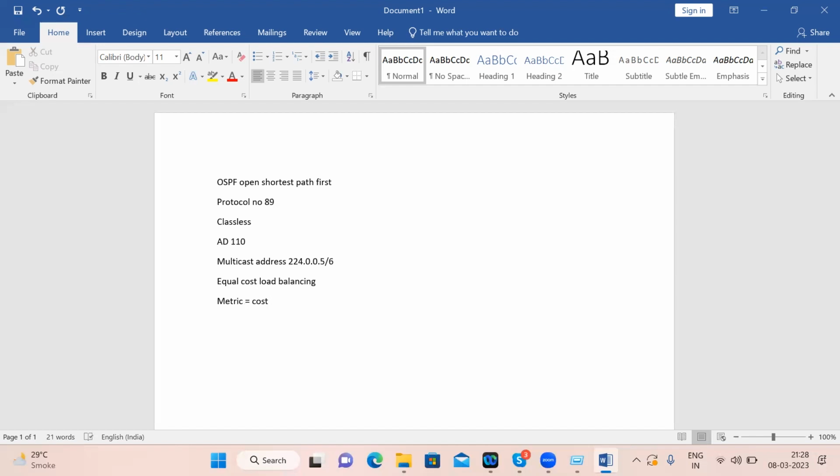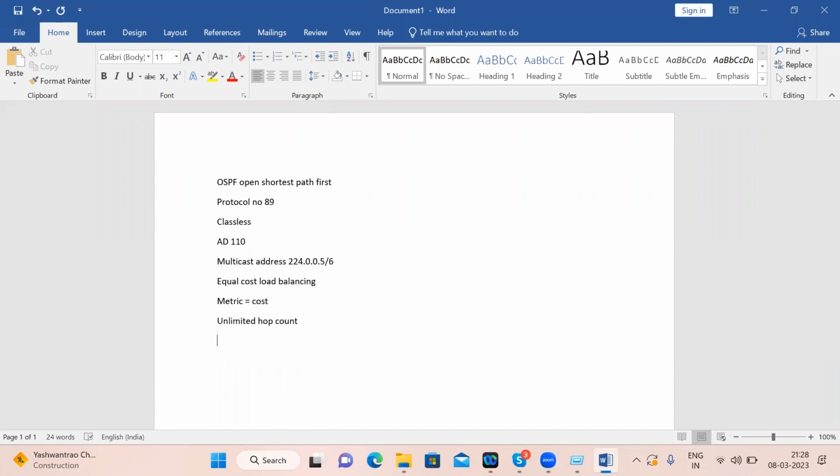Next. Unlimited hop count. Very good. It supports an unlimited number of hop counts, whereas EIGRP supports up to how many hop counts? 255.